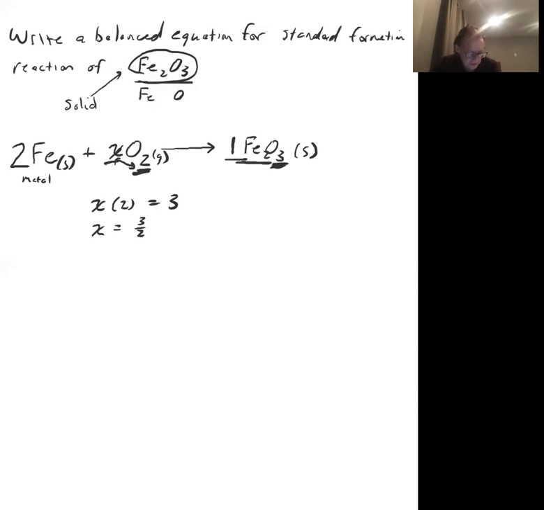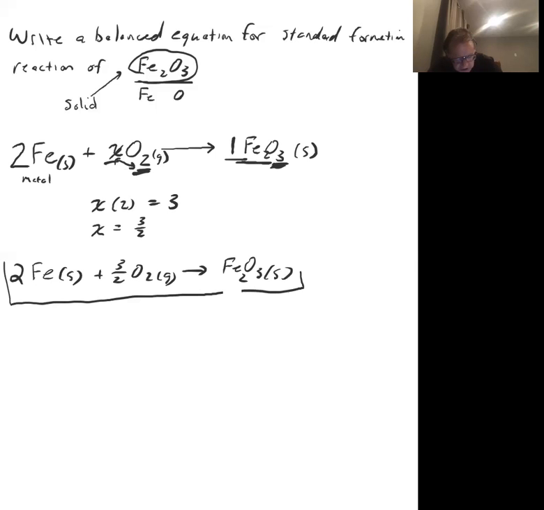So it's 3/2. So that means it's going to be 2 Fe solid plus 3/2 O2 gas gives Fe2O3 solid.